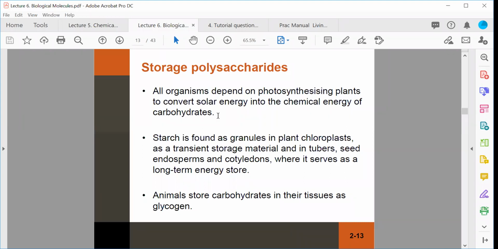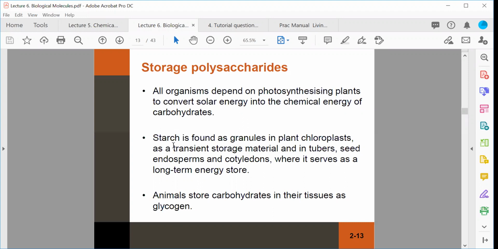So they are our ultimate source of carbohydrates on the planet. Okay, storage polysaccharides, the most important, or probably the most abundant, one is starch, and that's for plants, and for animals, we can consider this one glycogen.